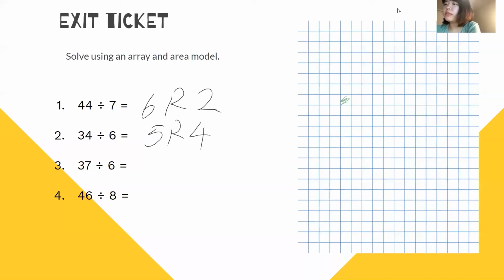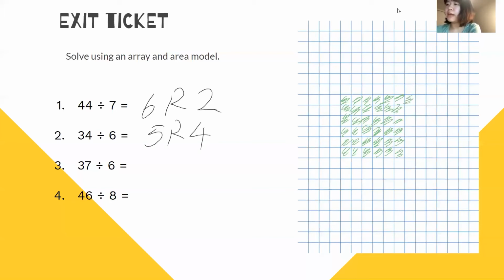Okay, so 1, 2, 3, 4, 5, 6, 7, 8, 9, 10, 11, 12, 13, 14, 15, 16, 17, 18, 19, 20, 21, 22, 23, 24, 25, 26, 27, 28, 29, 30, 31, 32, 33, 34, 35, 36, 37. Okay, there we go.